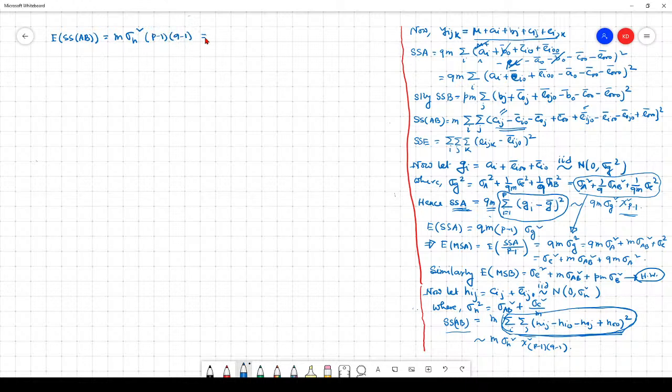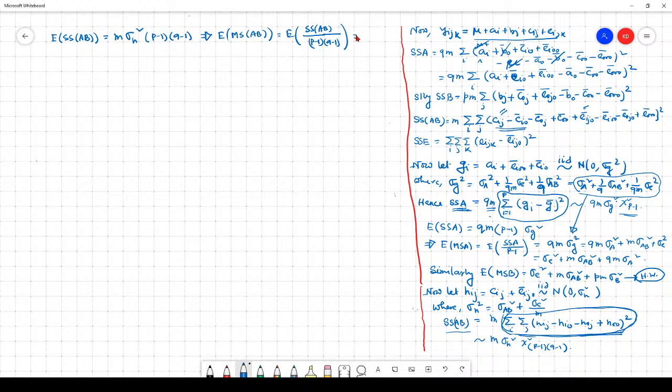So the expectation of MSAB is equal to the expectation of SSAB by p minus 1, q minus 1.